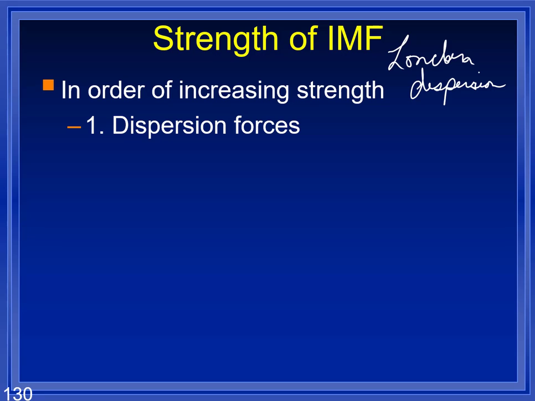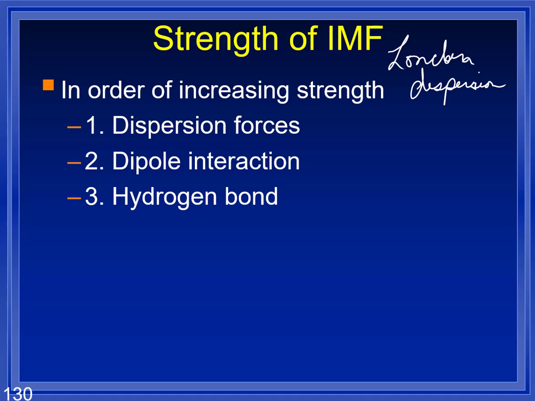Okay, so dispersion forces: temporary, momentary, partial charges affecting the molecule next to them. Weak. Stronger, dipole interactions. Permanent charges are going to affect each other better than momentary charges. Strongest, hydrogen bond.